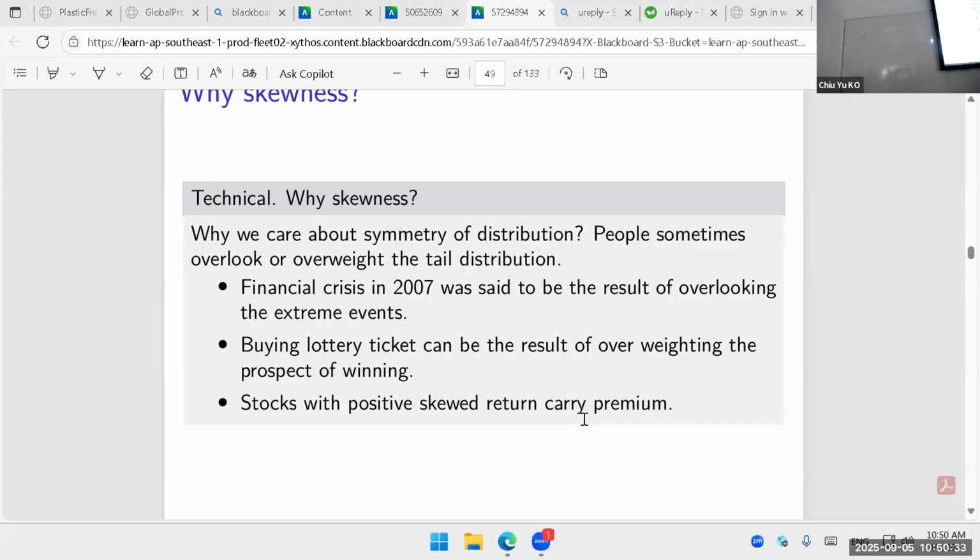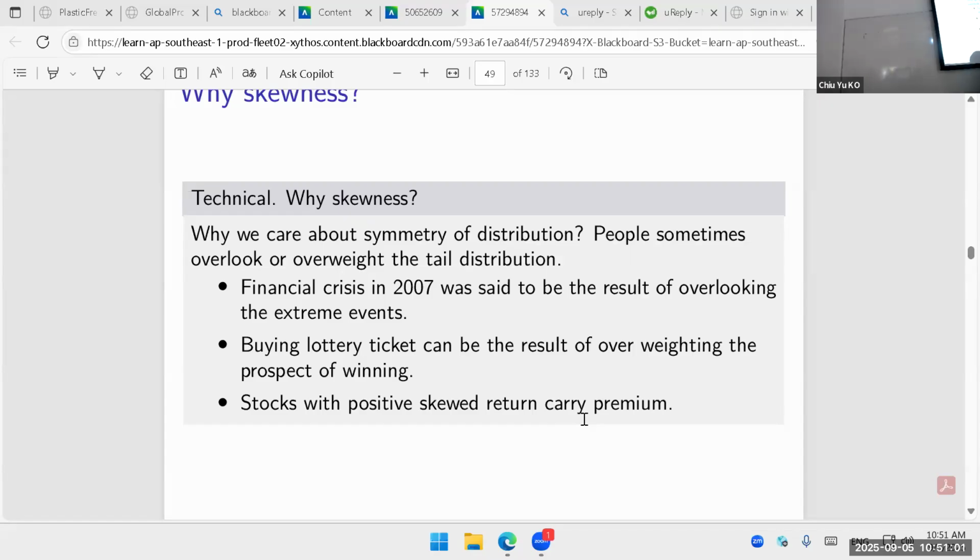The financial crisis in 1997 happened because people thought there was a riskless arbitrage between the bonds in Southeast Asian countries, Indonesia and so on. But they forgot about the huge risk there, because they cared about mean and variance. They didn't care about skewness.